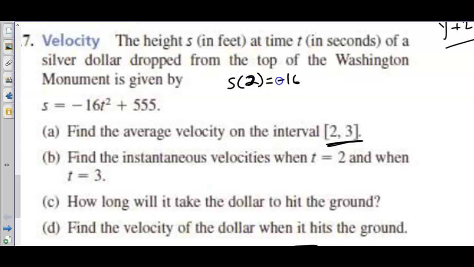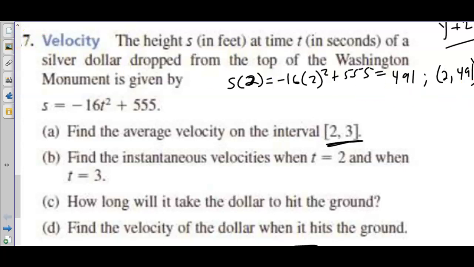That's negative 16 times 2 squared plus 555, and that gives me 491. So I have the point, that's a semicolon, guys, (2, 491).